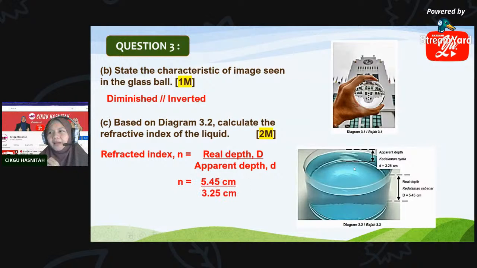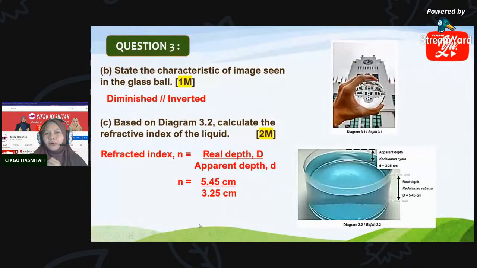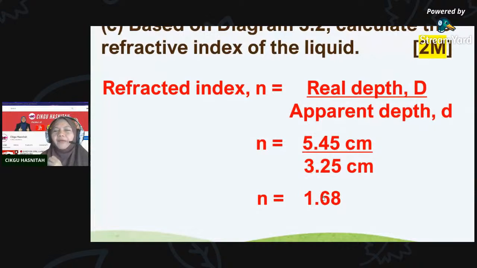Okay, so we write the value given. Okay, so the apparent depth small d is 3.25 and the real depth capital D is 5.45 centimeter. So the refractive index is 1.68, no unit. Okay, 1.68.